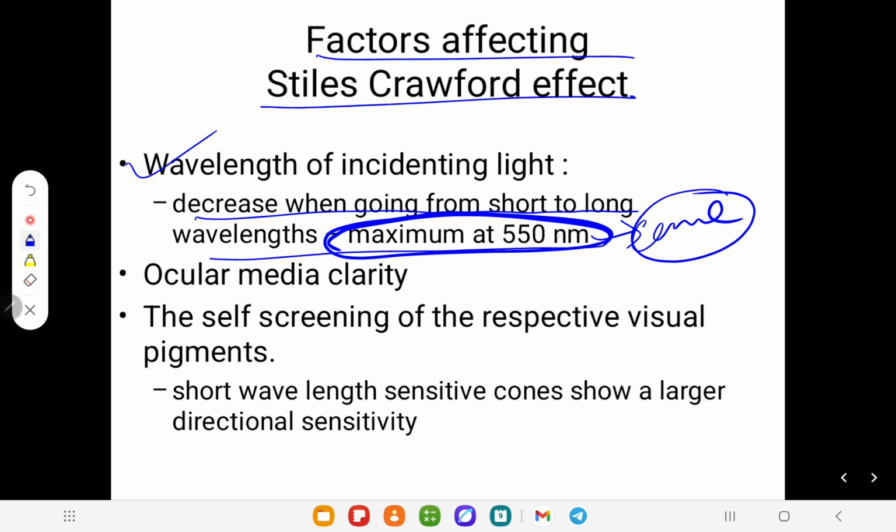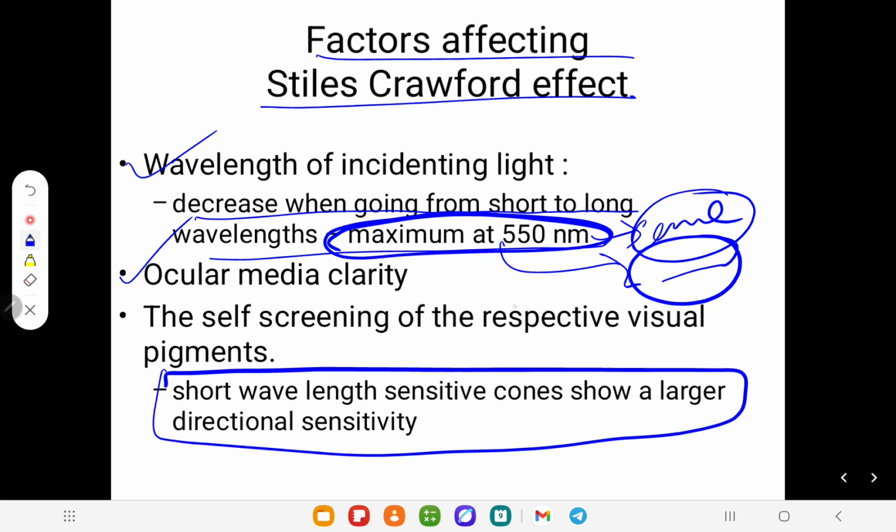If the wavelength goes higher than 550, the Stiles-Crawford effect decreases. Second, ocular media clarity: the more hazy the ocular media, the more the Stiles-Crawford effect decreases. Third, self-screening of the respective visual pigments: shorter wavelength sensitive cones show larger directional sensitivity than longer wavelength cones, and the maximum directional sensitivity, we know, is at 555, isn't it?